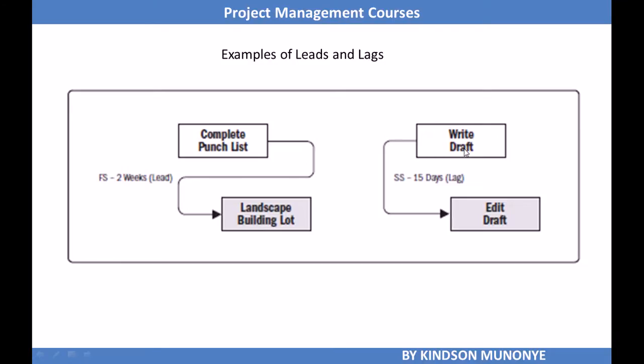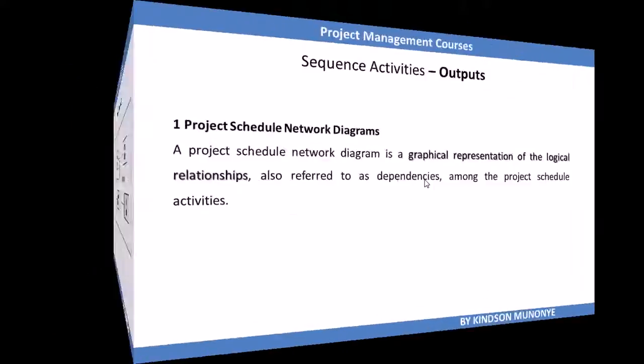Then we have the other one, a lag of 15 days. Okay, so it is indicated in this way. So I hope you understand it. If not, spend some time getting used to it.